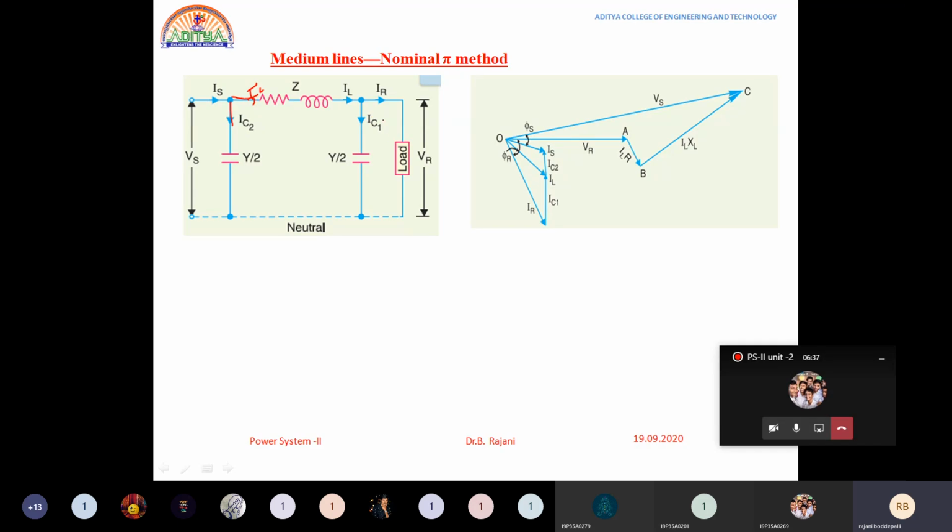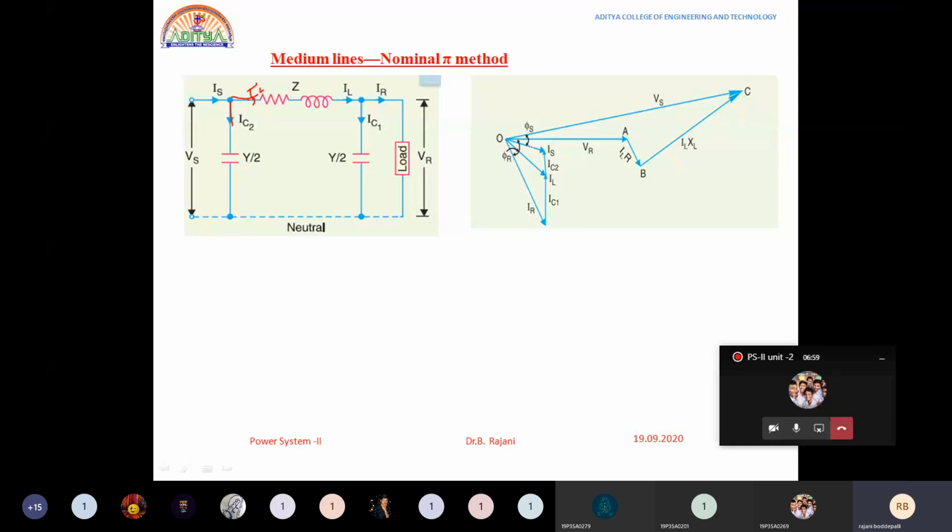R is the resistance, XL is the inductive reactance per phase, and C is the capacitance per phase. Phi r is the angle between the receiving end voltage and the receiving end current.